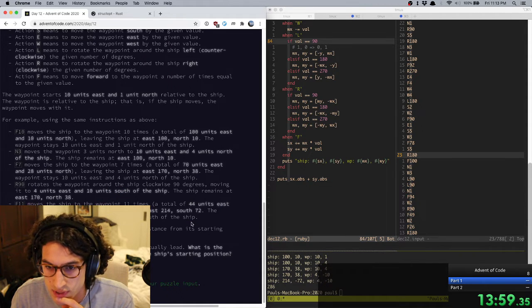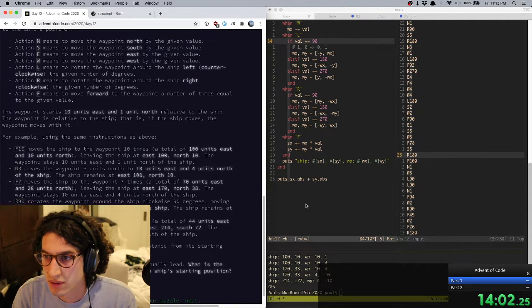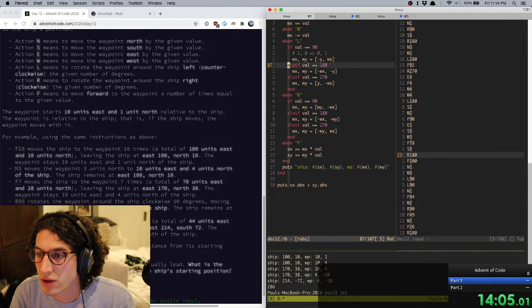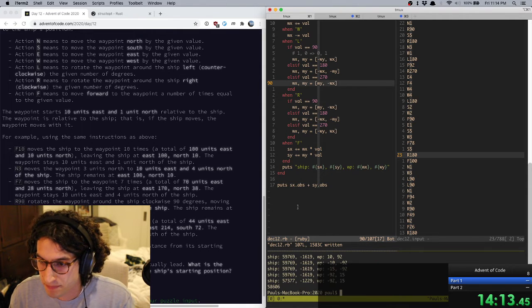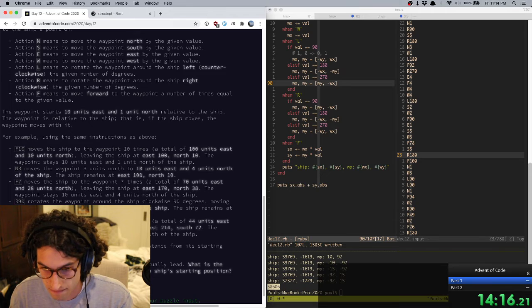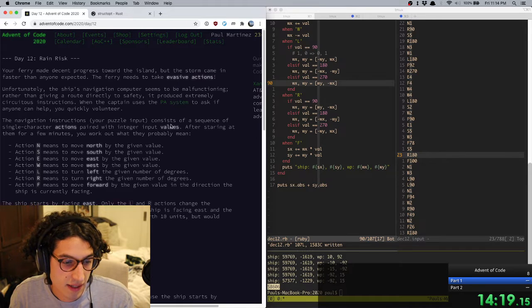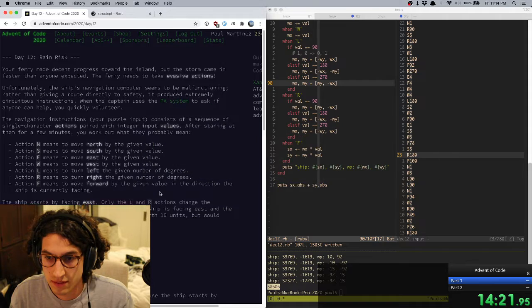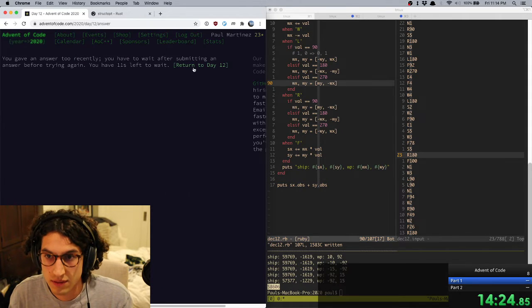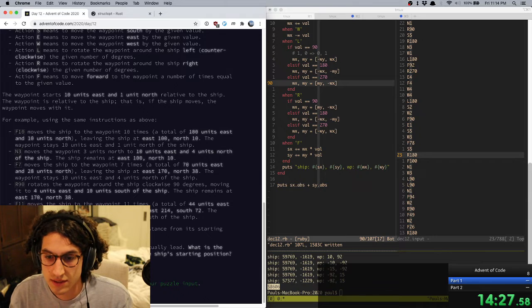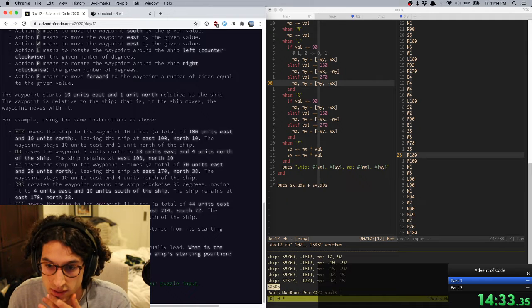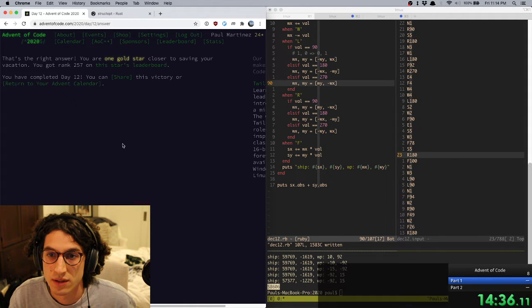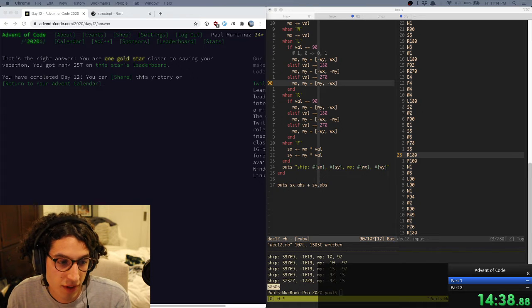F11, 214, negative 72. Oh no. 18 seconds. 11 seconds. 6, 5, 4, 3, 2, 1. Okay, 257. I improved on part 2.